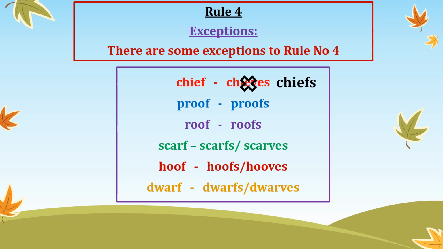That is by adding S also you can make their plural, or you can cut F and make the plural by VES. It is up to you. So scarf's plural can be scarfs also and scarves also. This word hoof can make its plural as hoofs also and hooves also. Dwarf also can have its plural like dwarfs or dwarves. It is your wish.